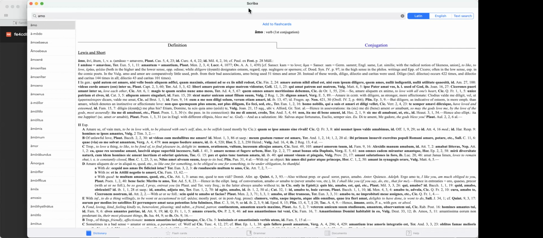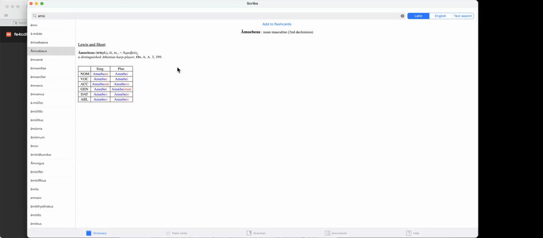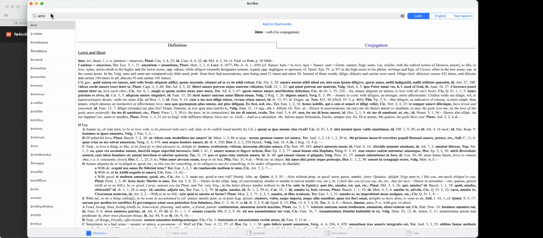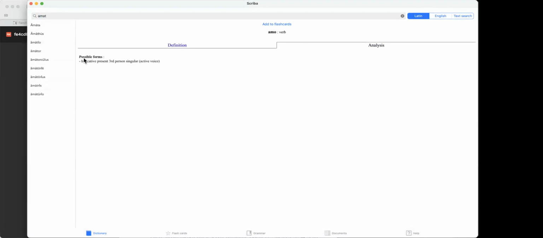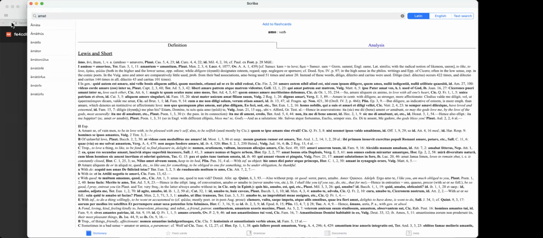That, by the way, is why I like Scriba: let's say amat. It will tell you that amat is third person, and it has the conjugations built in, and will figure out what the actual dictionary entry is.